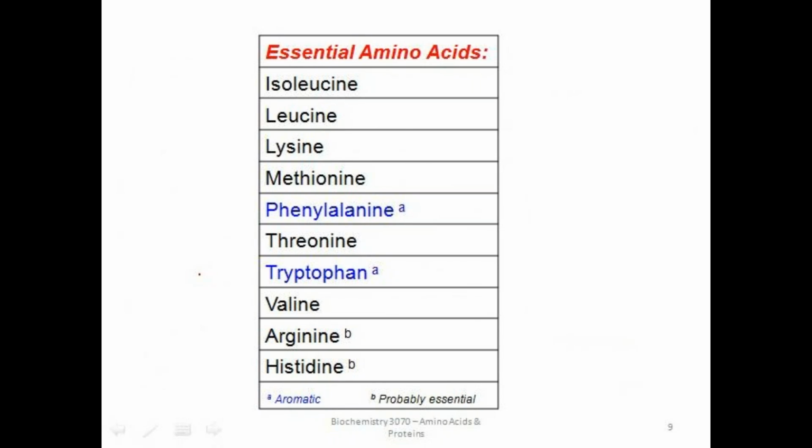Essential amino acids are the amino acids that cannot be synthesized by our body. That means these are to be supplied through our diet, and they are called the essential amino acids. The remaining ones are called the non-essential amino acids.